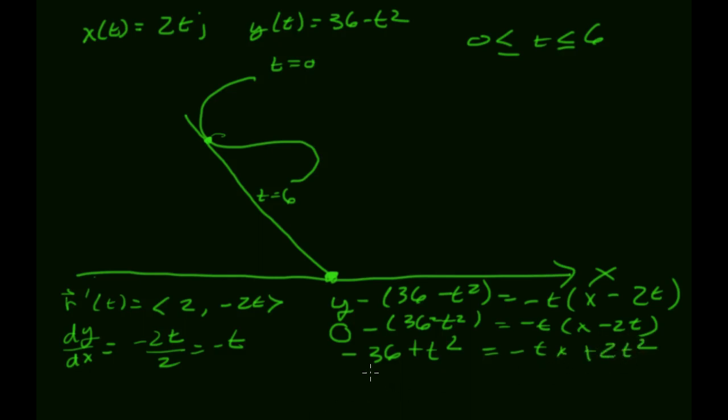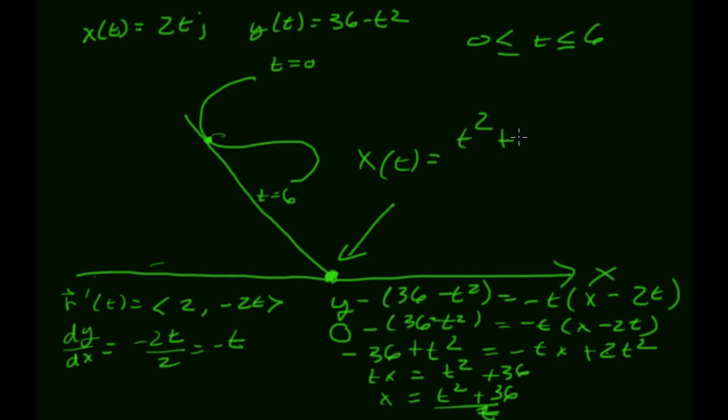So that's going to put the tx over here. tx is equal to t squared plus 36 when I bring this over there and the 36 over there. Divided all by t, x is t squared plus 36 over t. So this is interesting. Now I know where this location is on the x-axis at given time t. So I literally have that location as x of t is t squared plus 36 over t.